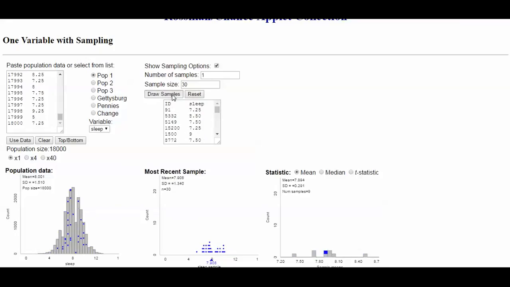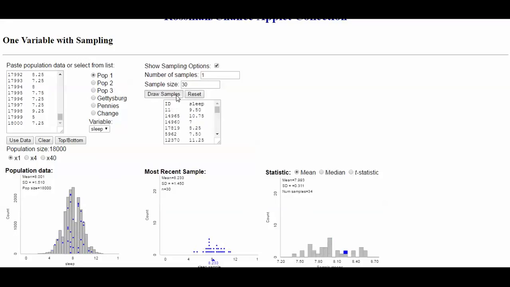Now, the sampling distribution for the sample size of 30 includes the means of all possible samples of 30 that could be chosen from this population. If I was able to actually calculate the means of all possible samples of 30 that could be chosen from the population and plot all of those sample means on here, that distribution would be the sampling distribution for the sample size of 30.